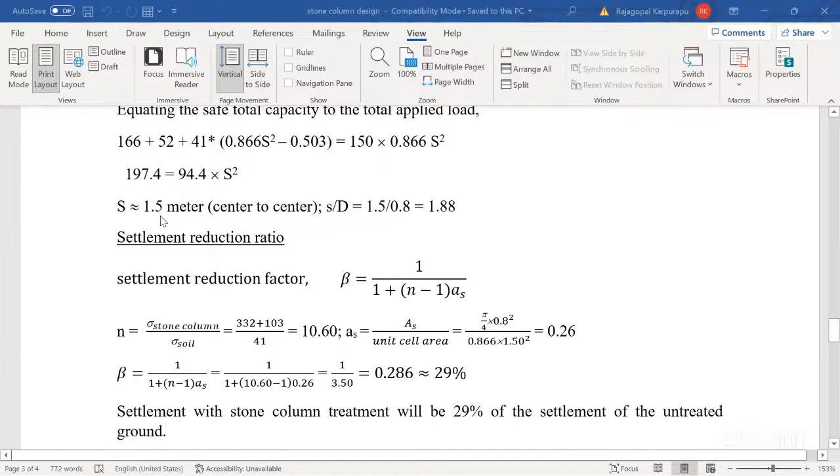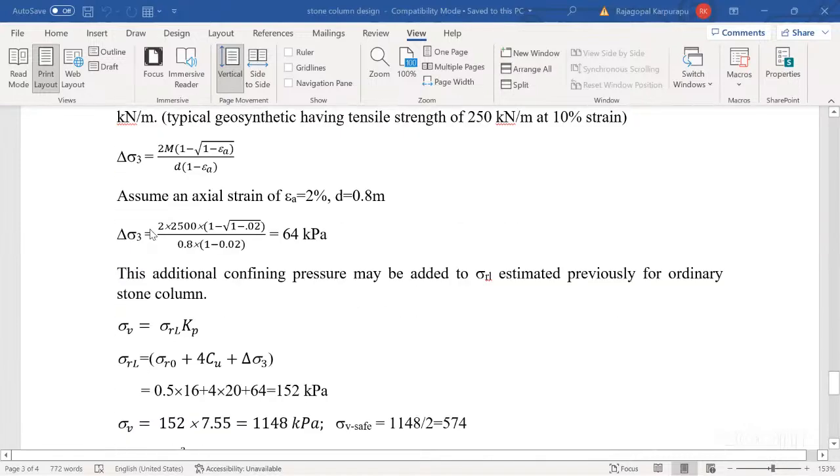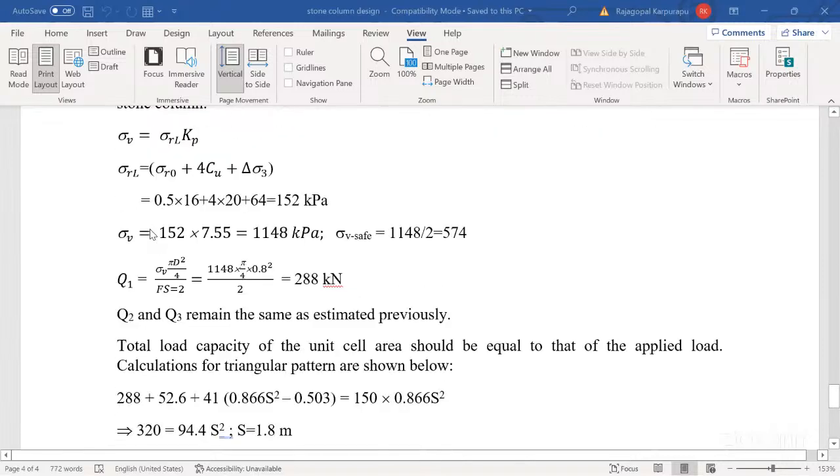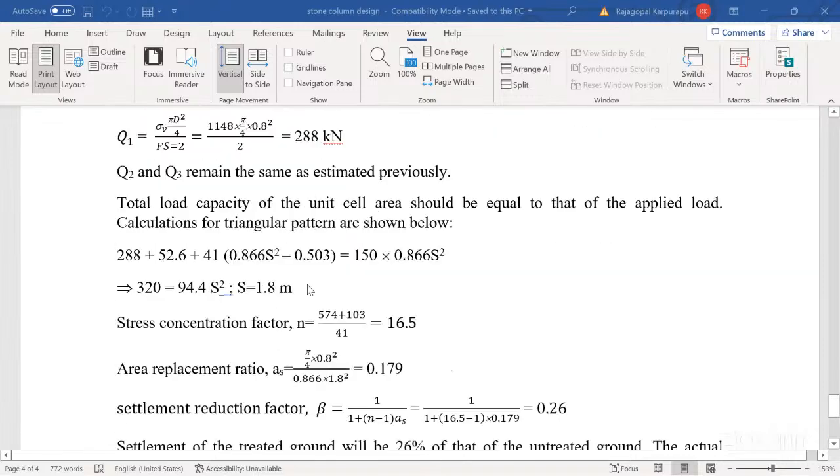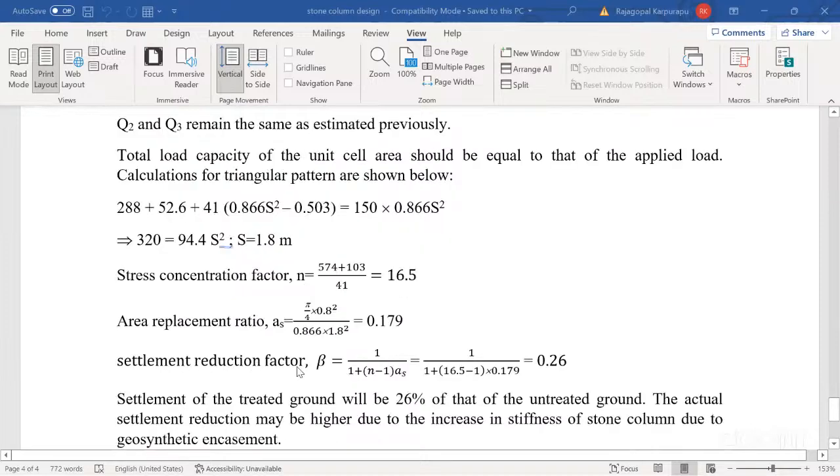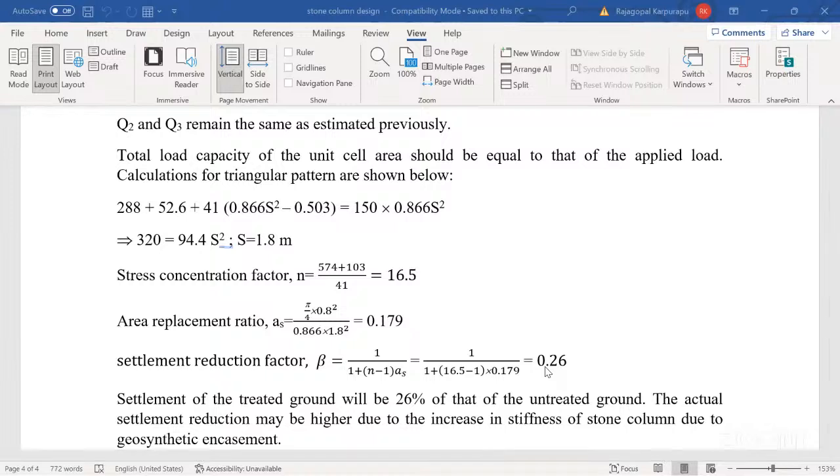Okay? So with the geosynthetic, the spacing is slightly increased to 1.8 meters. And so the settlement reduction factor is 0.26, that is 26% of the settlement of the untreated ground.